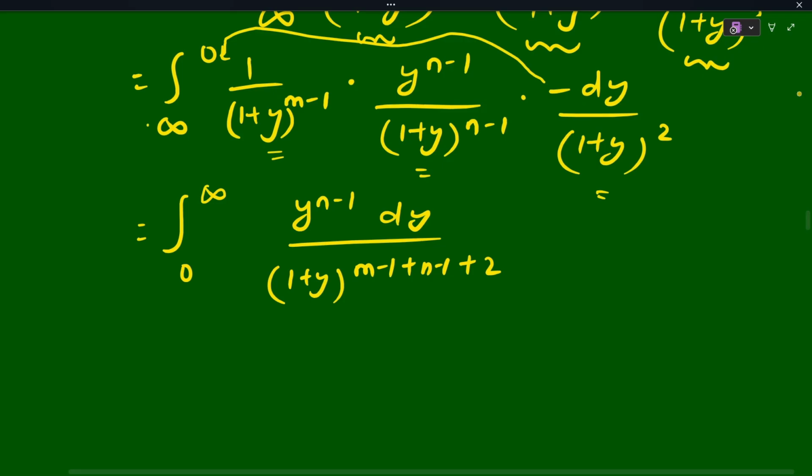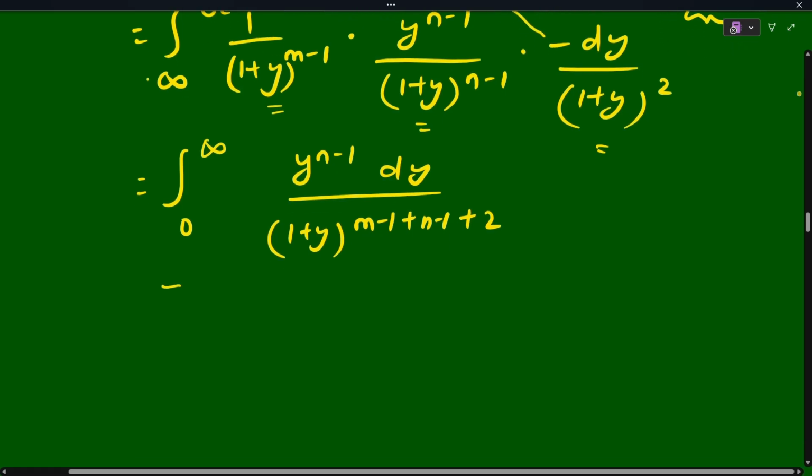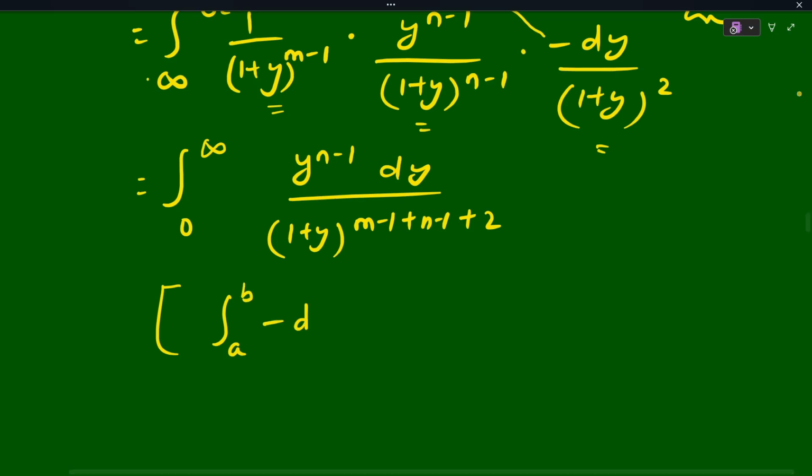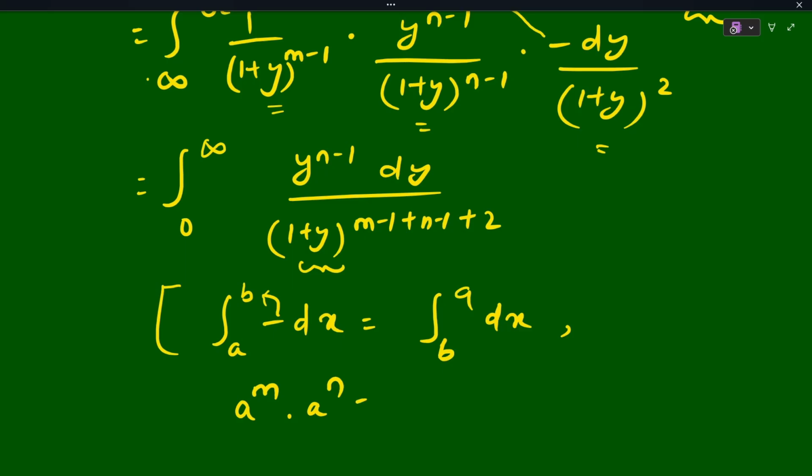Before that, whatever properties we have used here, I am writing here. One property is that if the limit is from a to b and there is minus dx, then I can take this minus to the limits, and it will be changed as b to a dx. And another property which I used for this 1 plus y here is that if the base is the same, then the powers will add up.